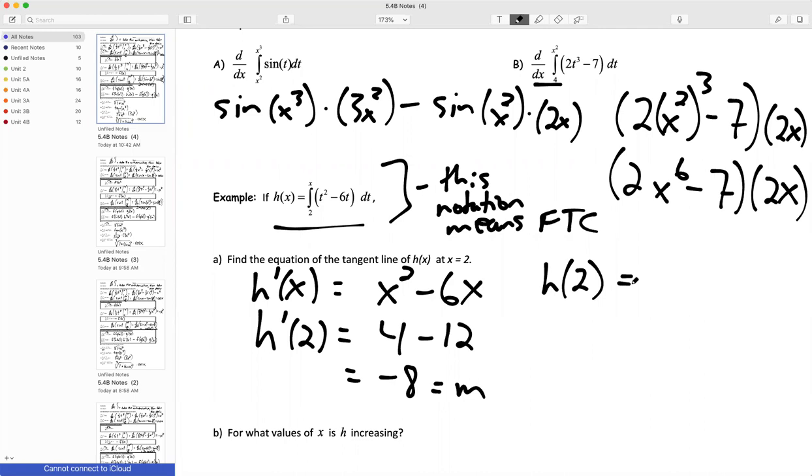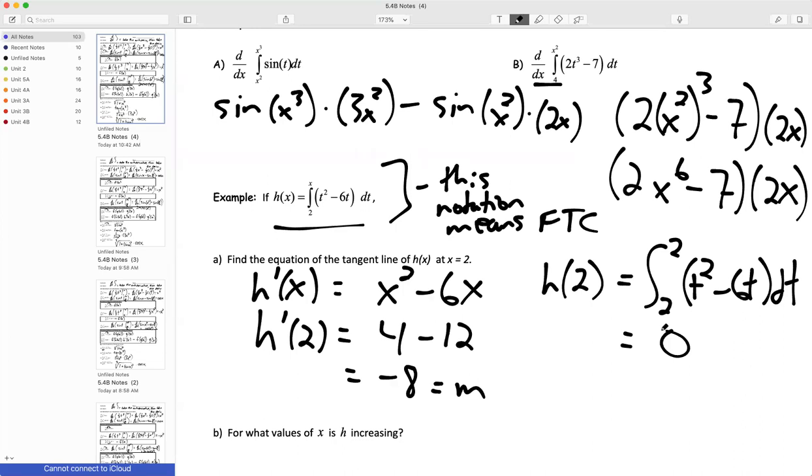So why don't we substitute 2 in for x in that equation? That's going to give me the integral from 2 to 2 of t squared minus 6t dt. And oh, look, I know that. Why is this equal to 0? That's one of your rules. Explain it to me.